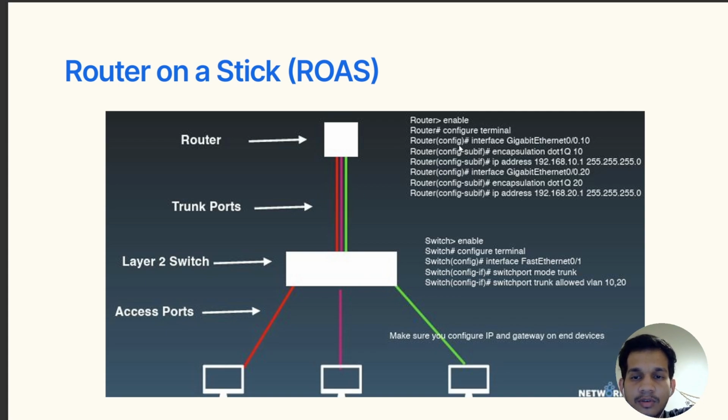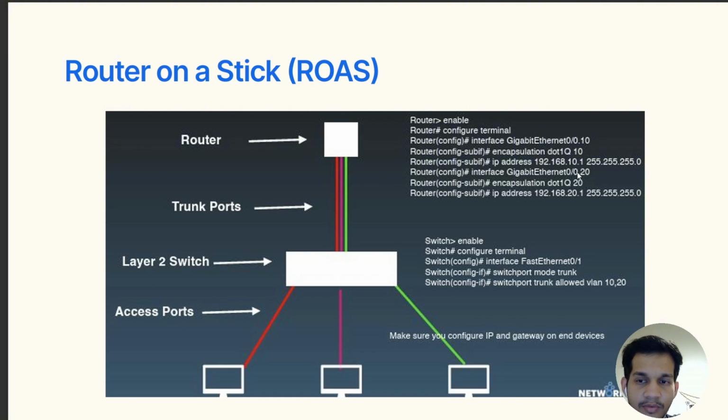You go to global config mode and enter interface G0/0.10. The .10 is the sub-interface, and to tag the VLAN traffic you just need to do encapsulation dot1Q 10. First we'll go for VLAN 10, and then allocate the IP address of the VLAN for that interface.